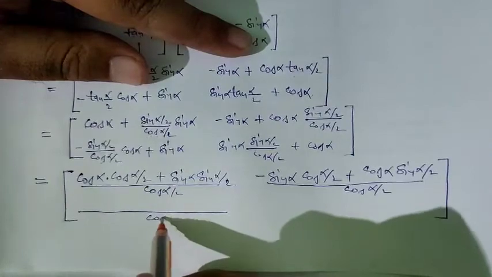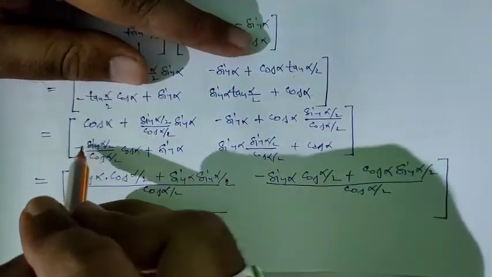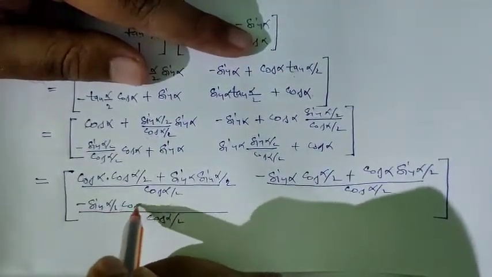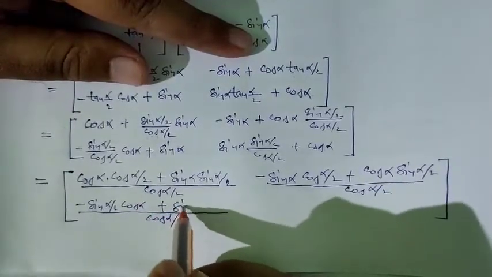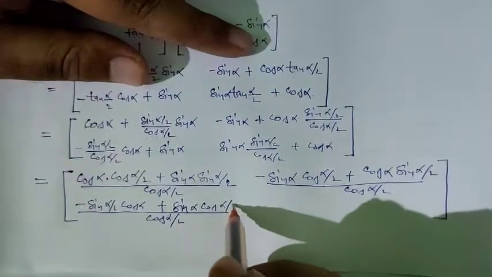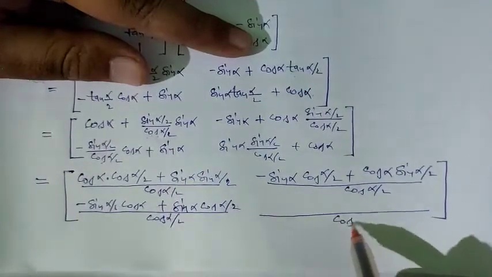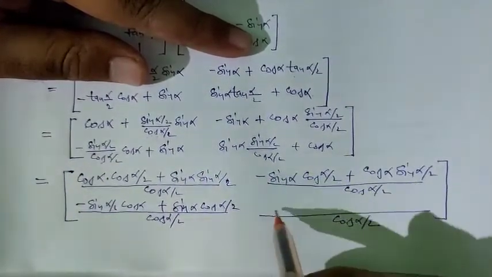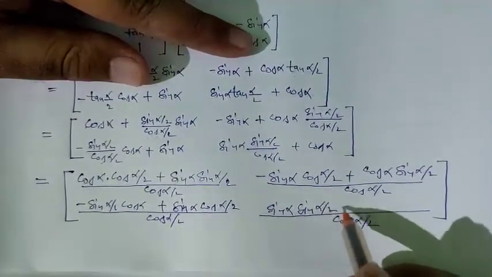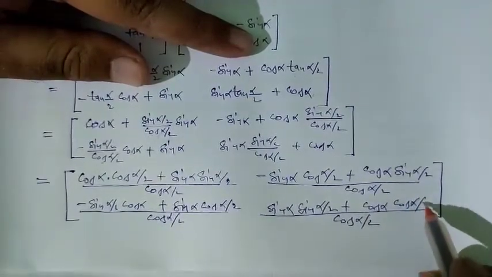In the numerator it will be minus sin alpha by 2 cos alpha plus sin alpha into cos alpha by 2, and similarly sin alpha into sin alpha by 2 plus cos alpha into cos alpha by 2.